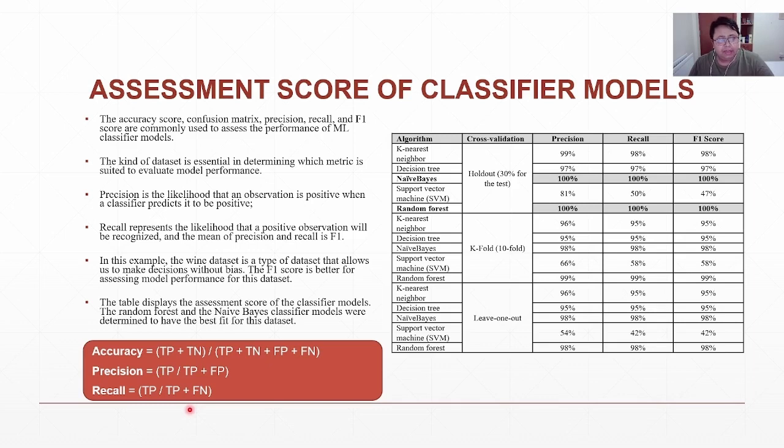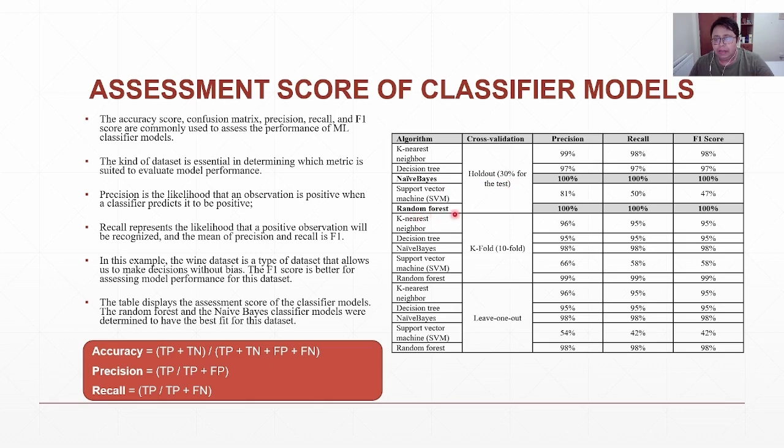The table displays assessment score of the classifier models. The random forest and the naive Bayes classifier models were determined to have the best fit for this dataset. If you can see that this is the F1 score, yeah, we can get up to 100% of F1 score for naive Bayes if we use 30% holdout of data.